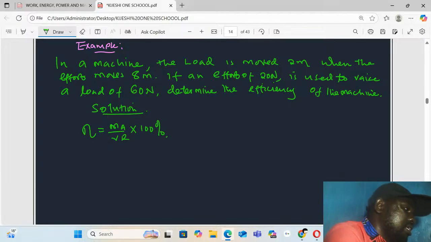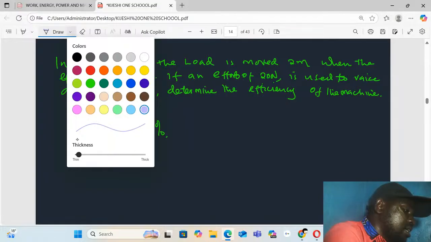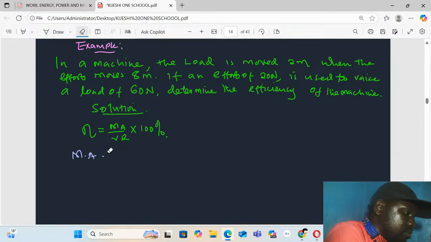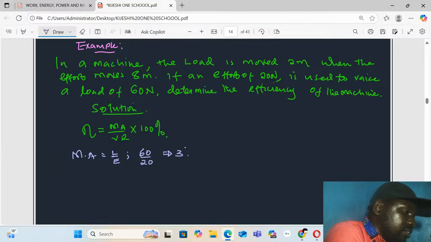We know that our mechanical advantage is equal to load over effort, and in this case it is 60 over 20, where we get 3.